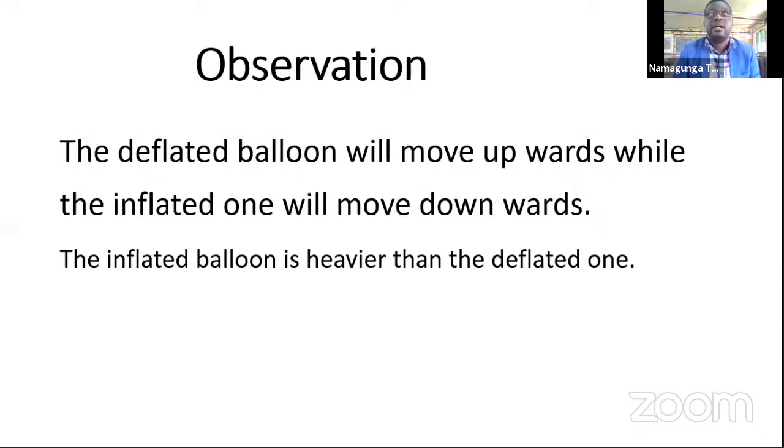Please unmute. Nakaiwa, I beg your pardon. The question is, why do you think the inflated balloon moves downward when we are balancing it with the deflated one?